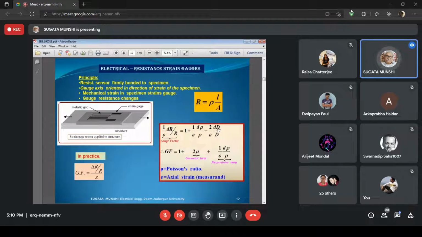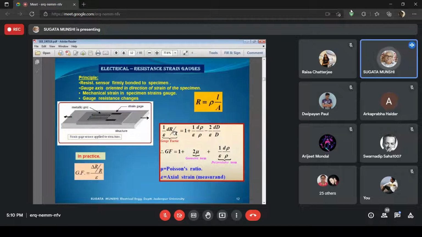It is the diameter of the wire. dL by L is the mechanical strain. So dividing both sides by epsilon, the mechanical strain, you get this expression. dR by R by epsilon is called the gauge factor. It's a property of the material.